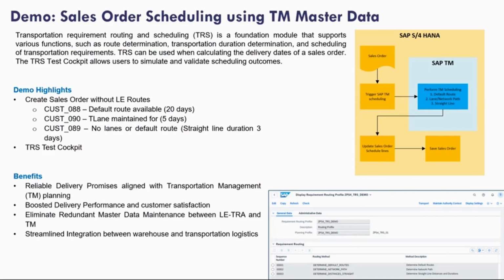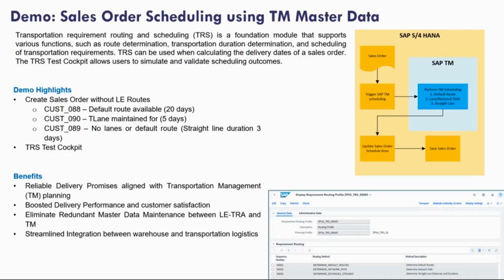In today's demo, we will create sales orders in order to showcase these features. We create sales orders without LE routes, and we will have 3 customers. One customer for which we have maintained a default route, to show how the duration maintained in the default route is used in sales order scheduling. Then customer 90, where we have maintained 5 days in a transportation lane.